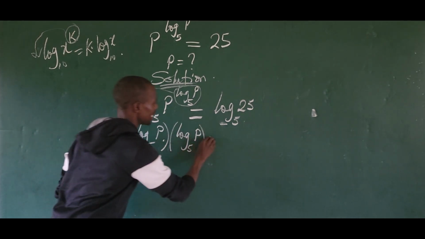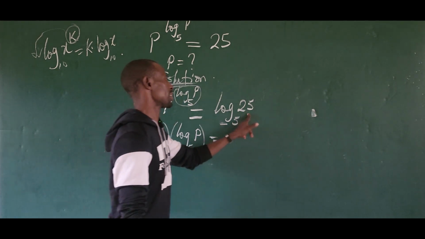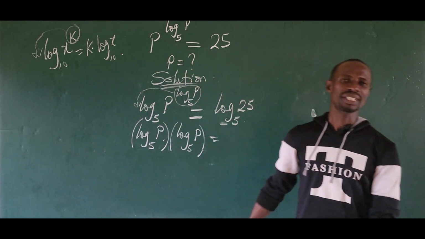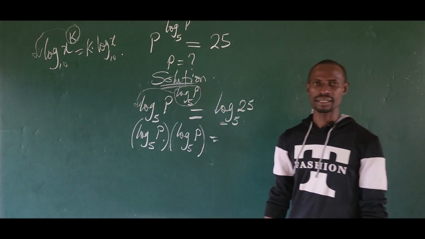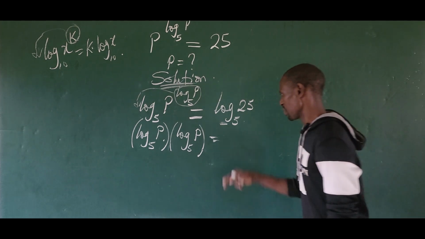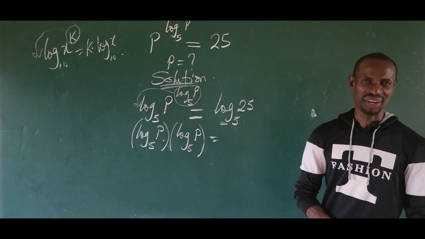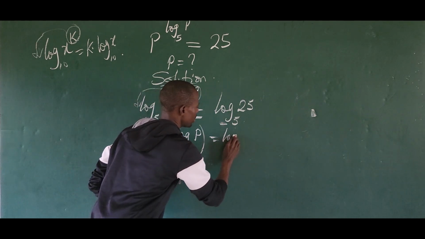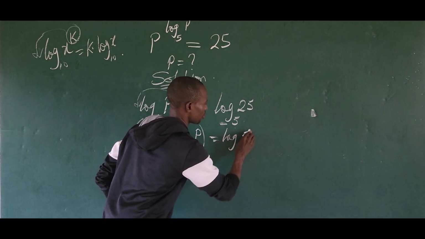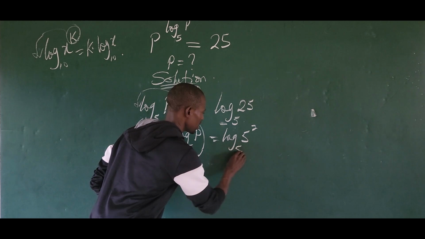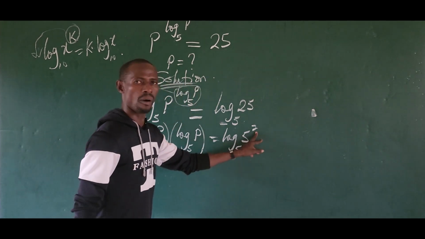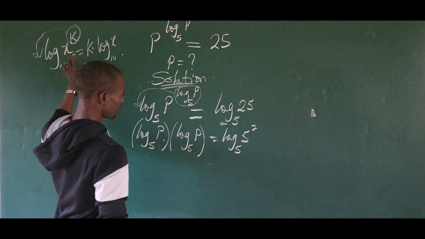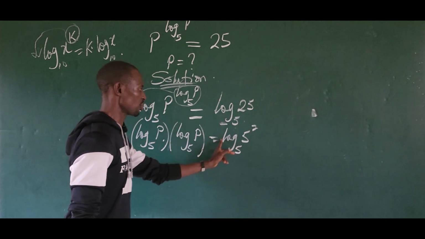What a coincidence. This is equal to, now look at our 25. 25 is a perfect square, so it can be written as 5 to the power of 2, because here we also have base 5. So the beauty of it is that we can write this as log of 5 to the power of 2, base 5. We apply the same law to this. So move the 2 back here.